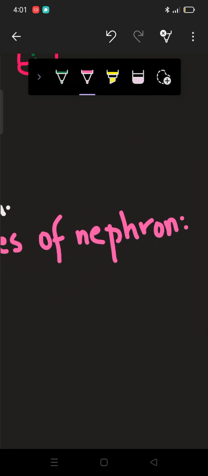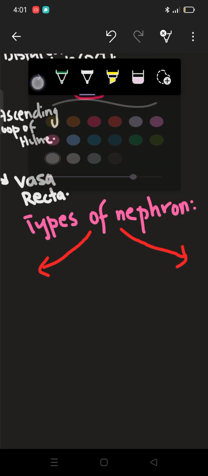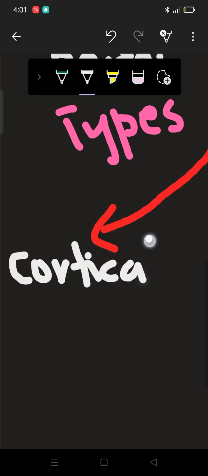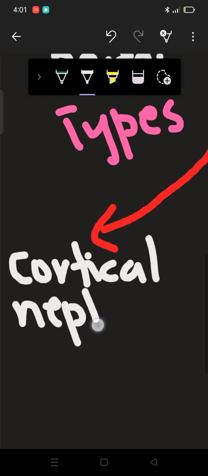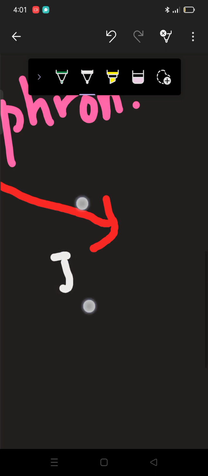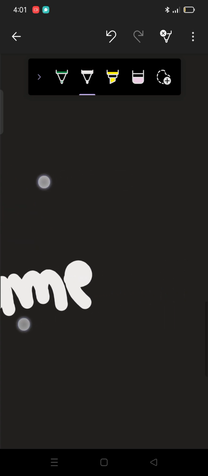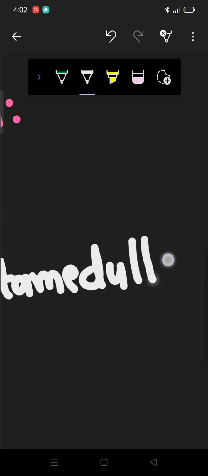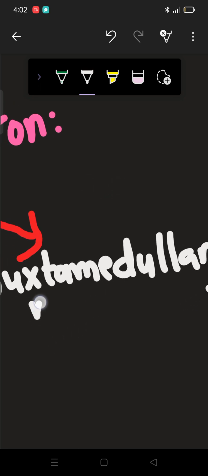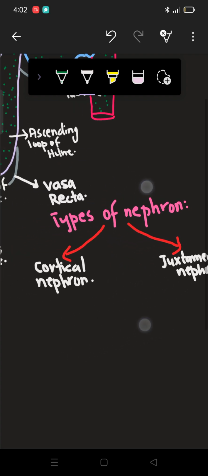So I'm going to make the arrows, first and second. Alright, let me write it down. First we have cortical nephron. And second we have juxtamedullary nephron. Alright, two types of nephrons, juxtamedullary nephron and cortical nephron.